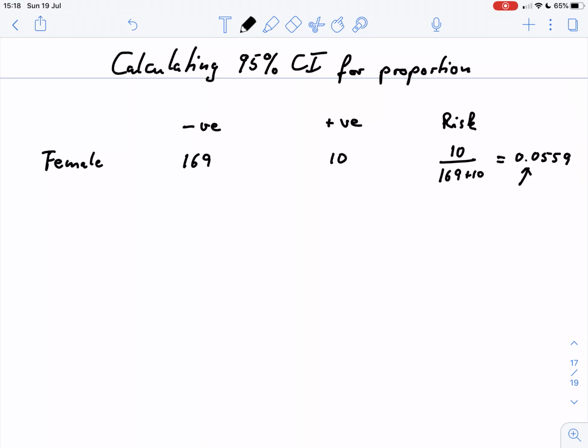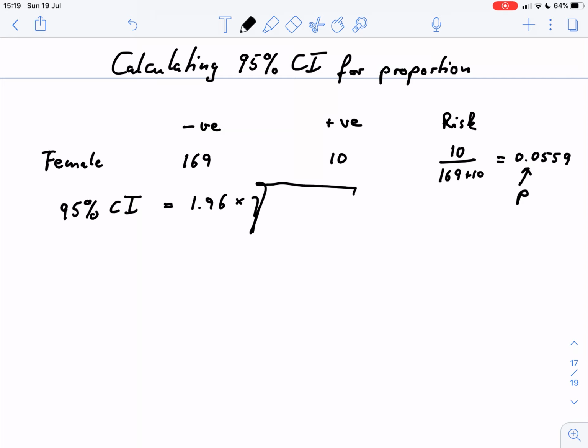And we know that the 95% confidence interval for a proportion, and we are dealing with a proportion here, is defined as 1.96 times the square root of the proportion value, and that is this one here.